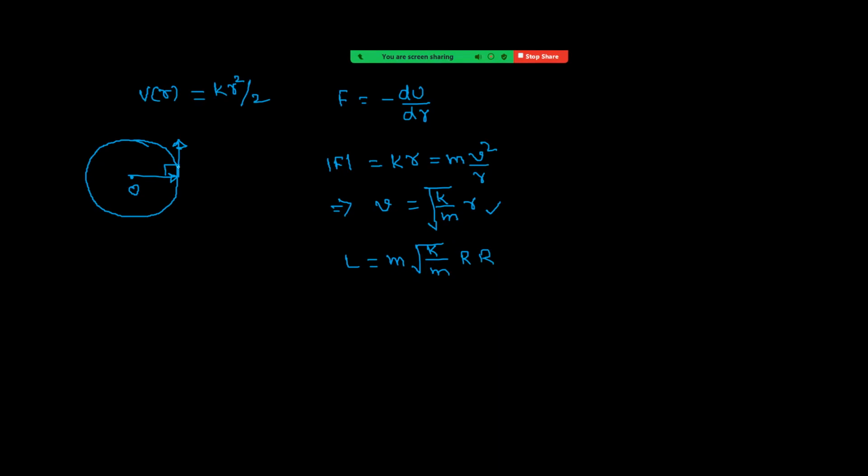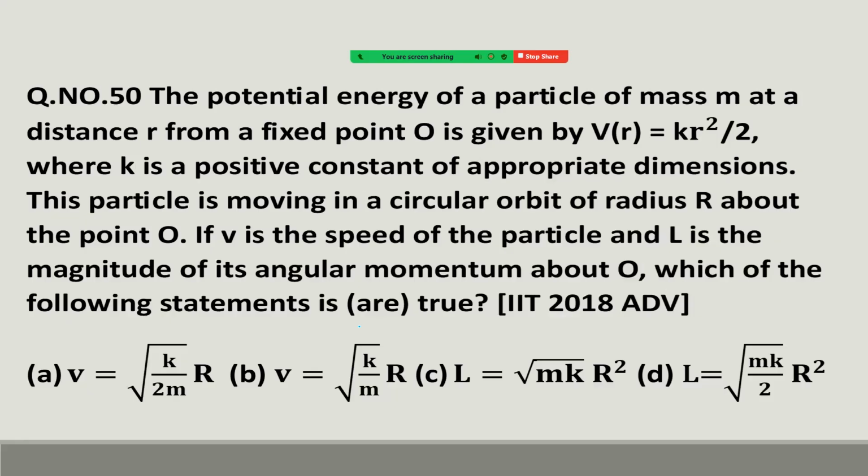So directly r into p. R means here radius. P means m into v. Okay. So taking m inside, it becomes root mk into r square, right? So option C. So correct options are B and C, right? Very simple one. Let us see next one.